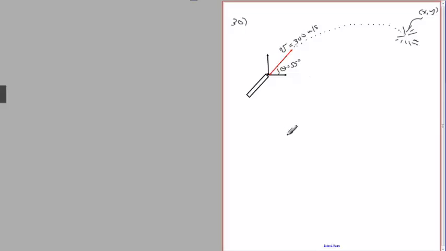Okay, so just like in the previous problem, in the x direction, we just have constant velocity. And the constant velocity is the initial velocity in the x direction. In the y direction, we have constant acceleration.